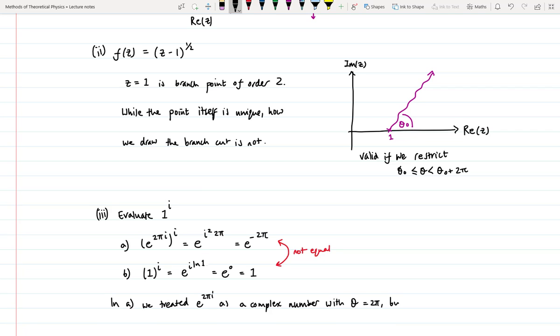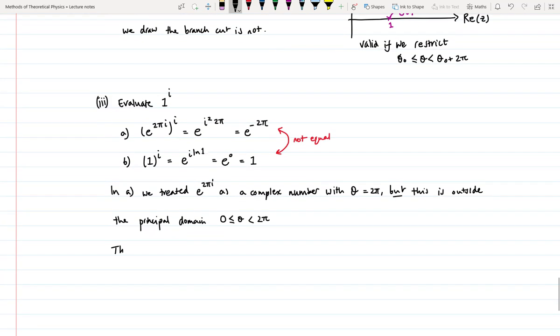But crucially, this is outside the principal domain that we've mentioned a few times now of theta lying between 0 and 2 pi, where 0 is inclusive and 2 pi is exclusive.